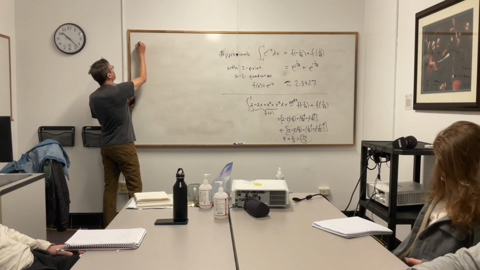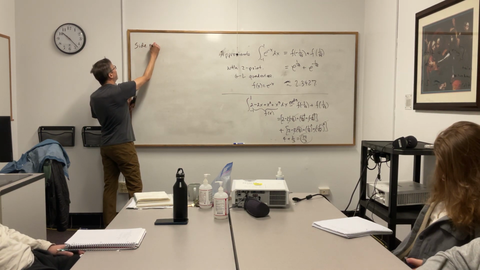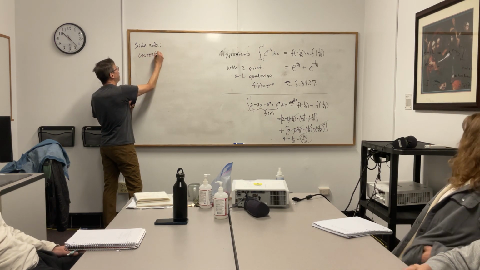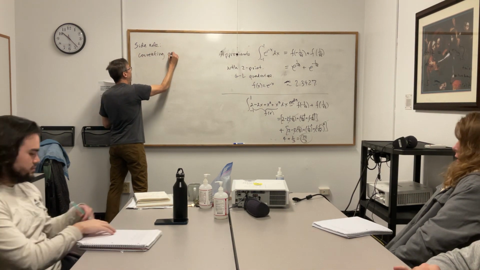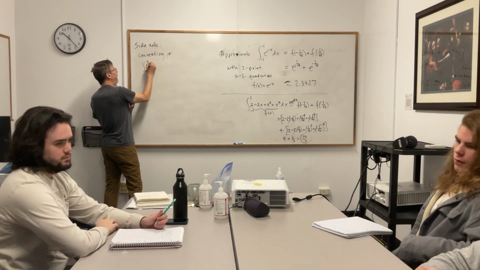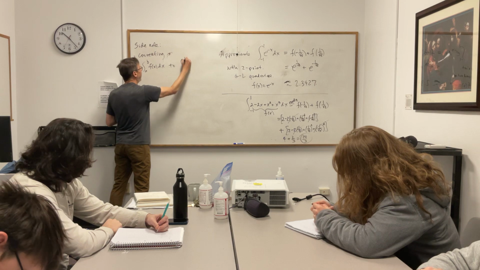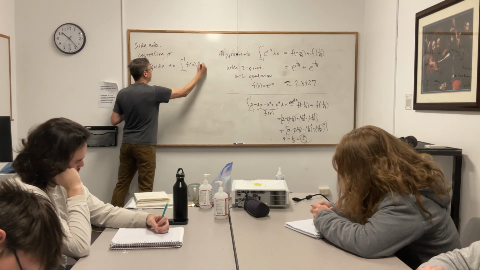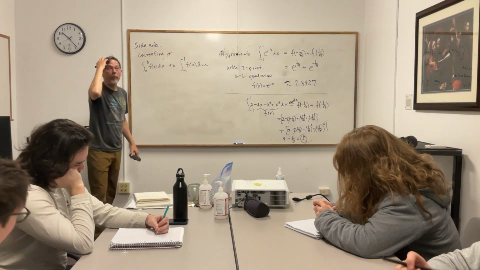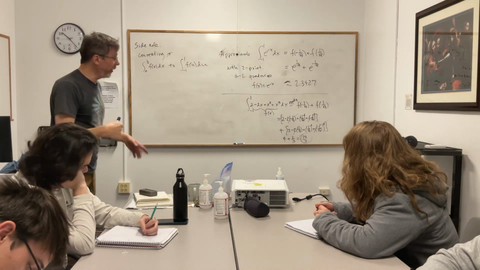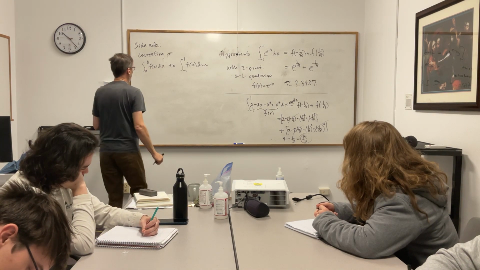Let's do a side note: converting the integral from a to b of f of x dx to an integral of this form. And you've seen this before. We totally did this, but I'm going to show it to you again, and I'm going to show you with my little linear argument because I really like it.